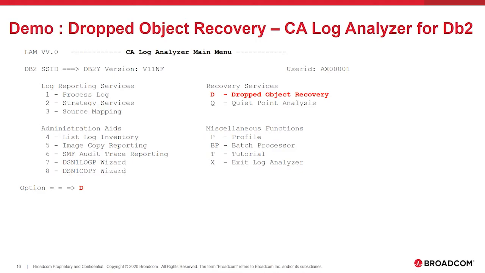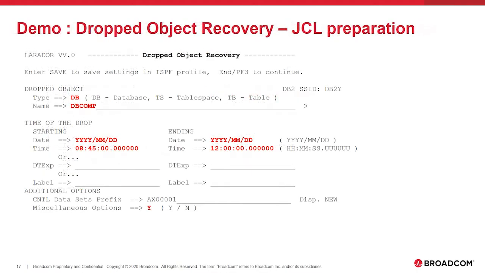To recover a dropped object with automated dropped object recovery, I have to select the option Dropped Object Recovery, option D. On the next panel, I have to specify the drop object type, DB, database, the name of the database, DBCOMP, and we have to specify the approximate time range of when the object was dropped in the time of drop section.